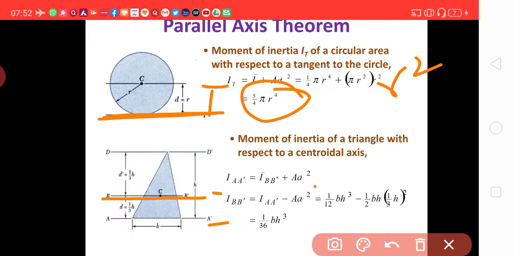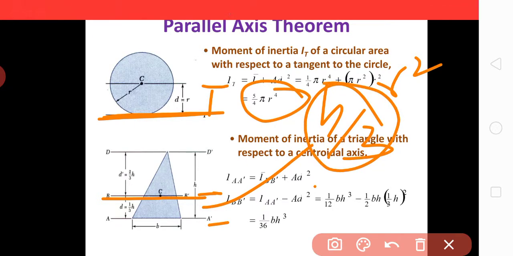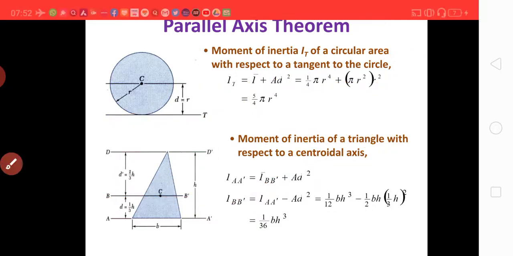So bh cube by 12 minus half bh, which is the area, into 1/3 into h square, because we know that the centroid is h by 3 distance from the base. Then it comes out to be bh cube by 36. The centroid of any triangular section is always 1/3 from the base.